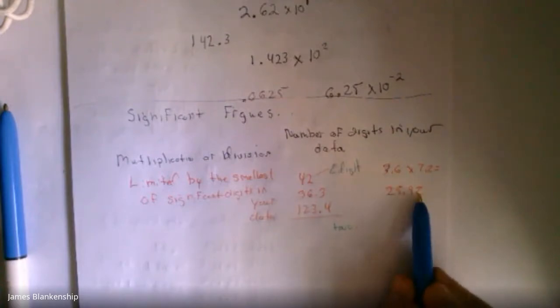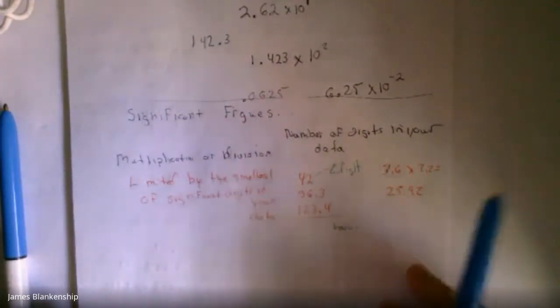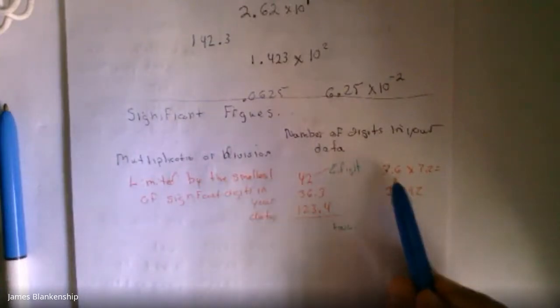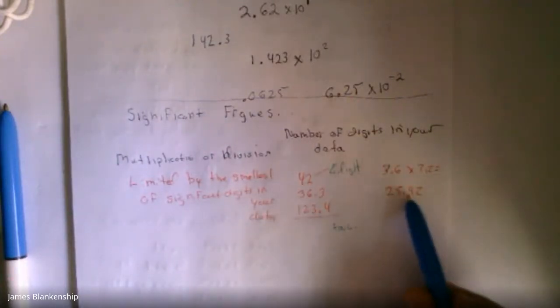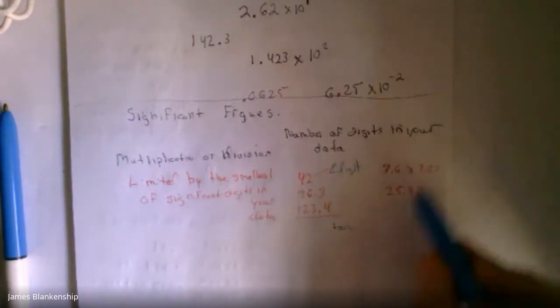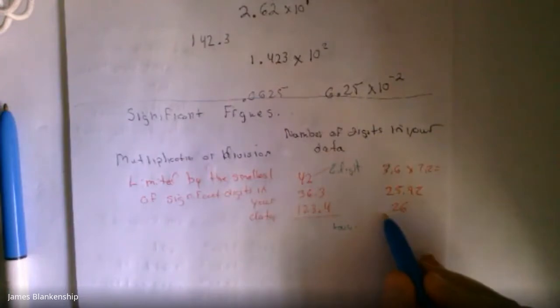You're not accurate out that far. So science is very concerned about showing the accuracy, not inflating or trying to fudge the data in any way. So we fall back on 2 digits in both of our values. Our final answer should be 2 digits. So this would be reported correctly as 26, and we would stop there.